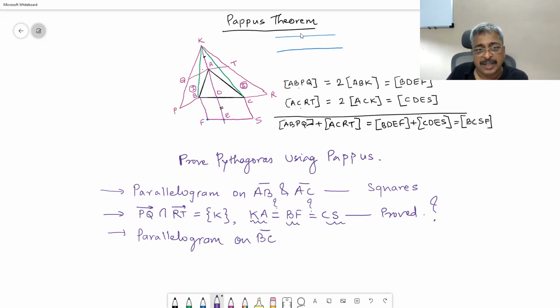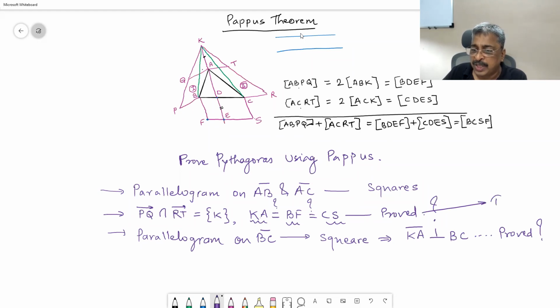And once you prove that, and another thing, parallelogram on BC, you are going to say that it is a square, which implies you need to prove KA perpendicular to BC. Proved? Question. So you are supposed to prove these two things.